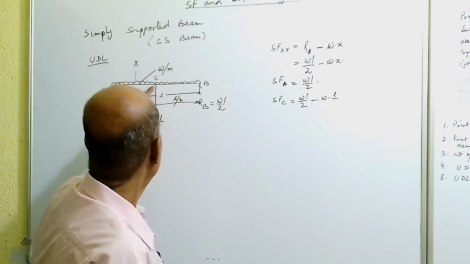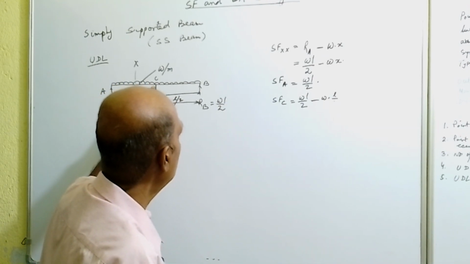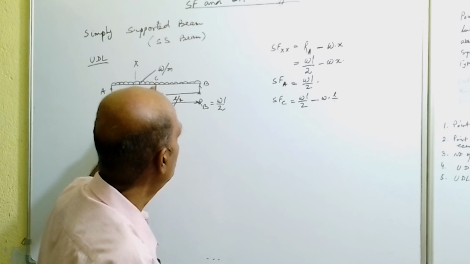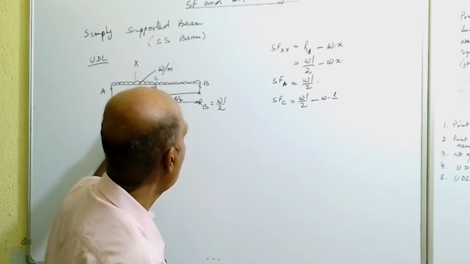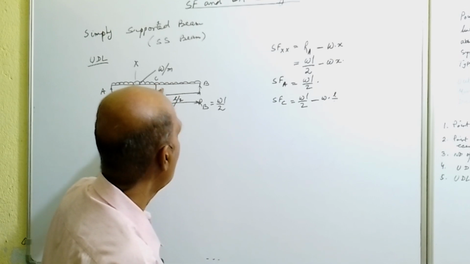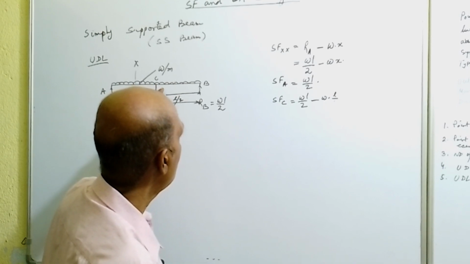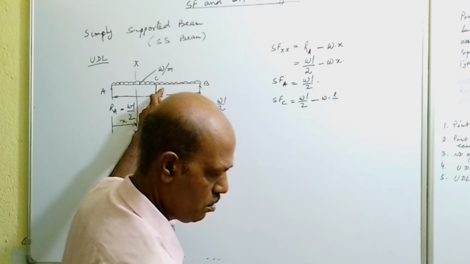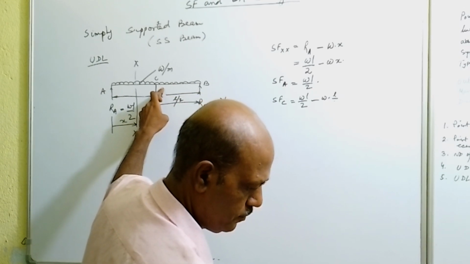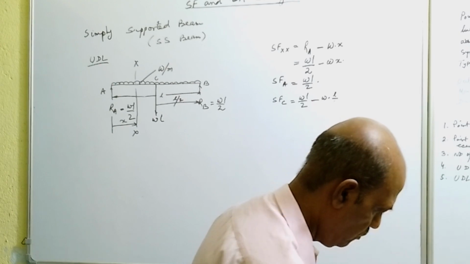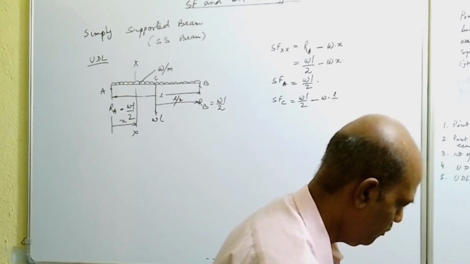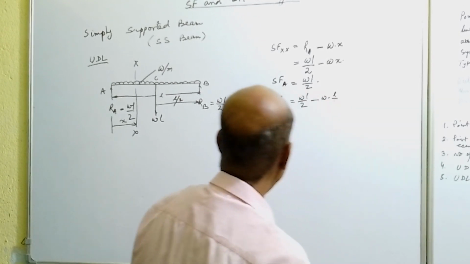At this section, WL by 2 minus... WL by 2.